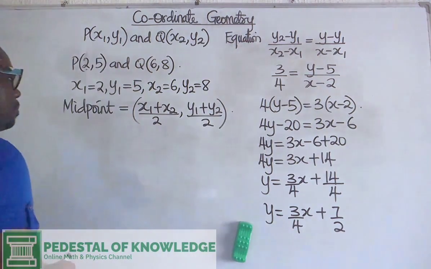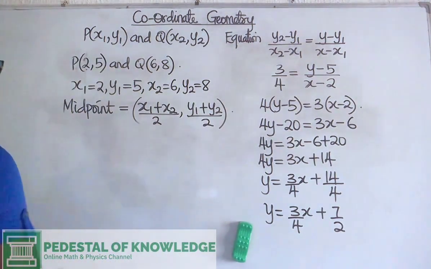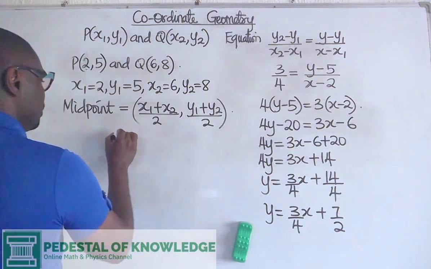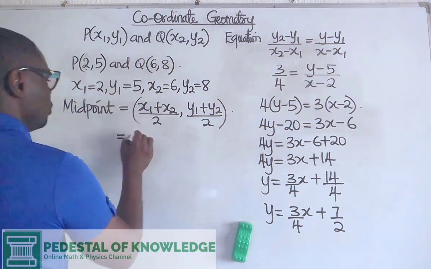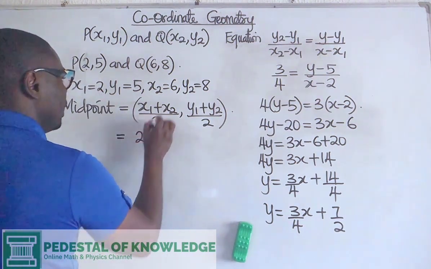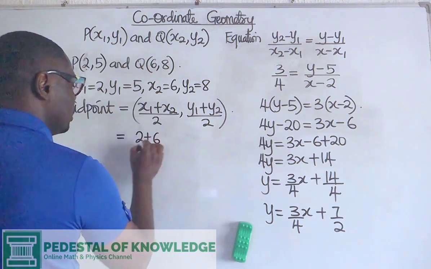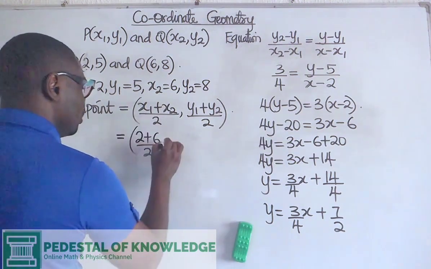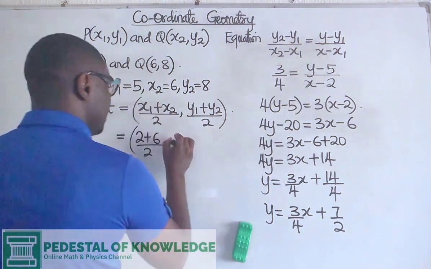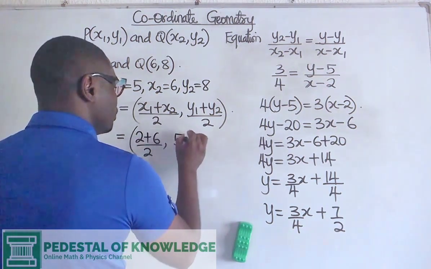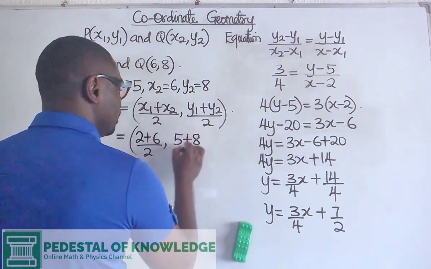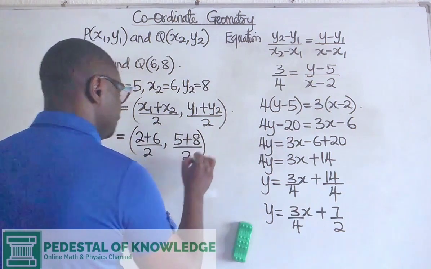Okay, now, when we substitute the values, this is equal to x1 is 2 plus x2 is 6, divided by 2, comma, y1 is 5 plus y2 is 8, divided by 2.